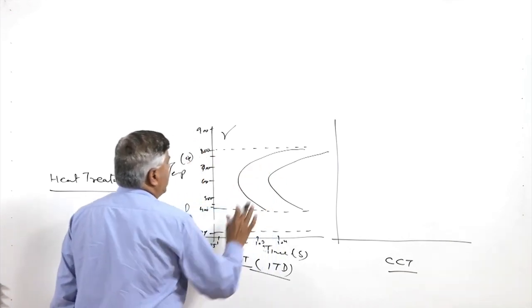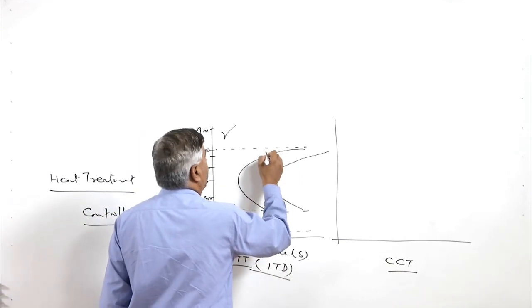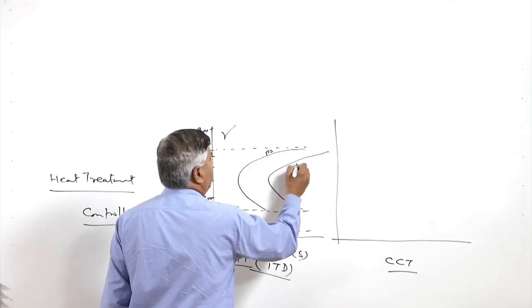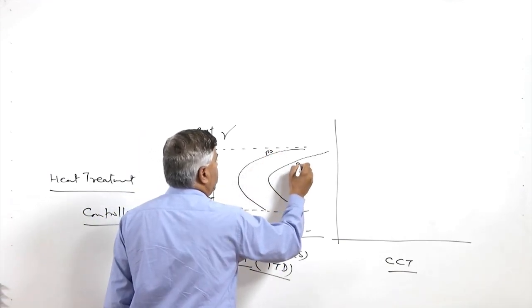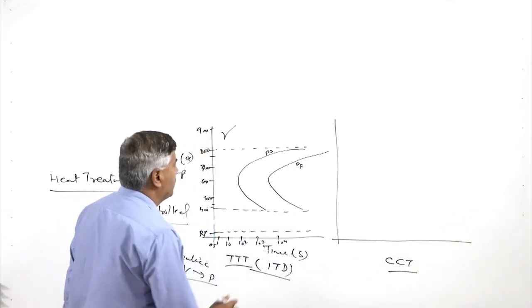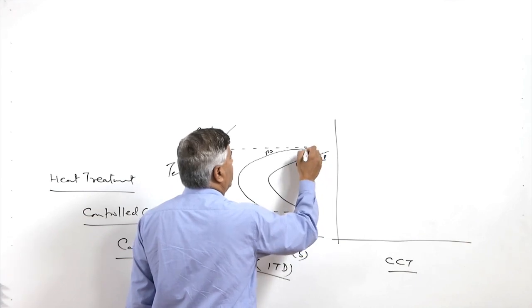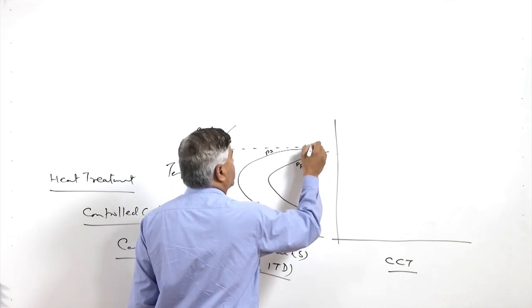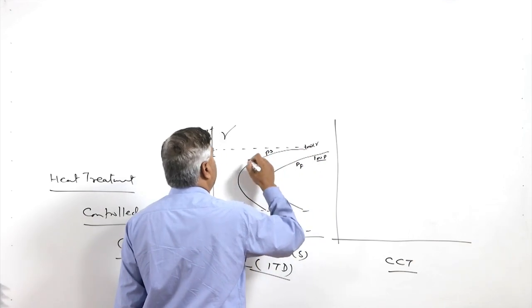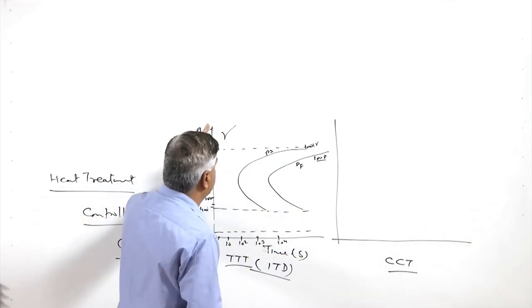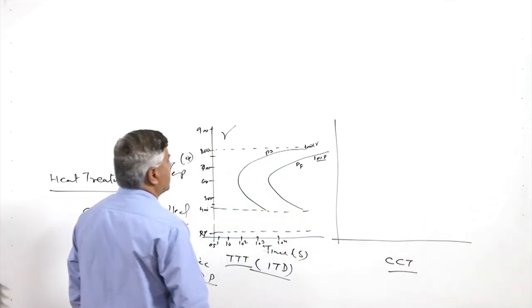These are the two lines corresponding to the pearlite start and pearlite finish transformation, PS and PF, corresponding to 100% austenite and to 100% pearlite. This is the line on the left side of which there will be 100% austenite.